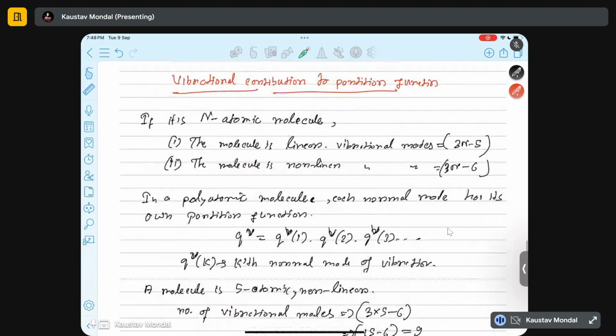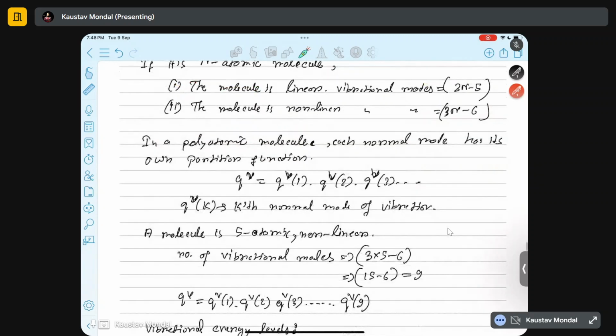For an n atomic molecule, if it is linear, the vibrational modes are 3n minus 5, and for the non-linear case, the vibrational modes are 3n minus 6. Each normal mode may be related with a different frequency, so each normal mode has its own independent contribution to the total vibrational partition function.